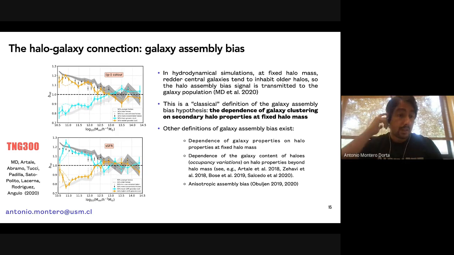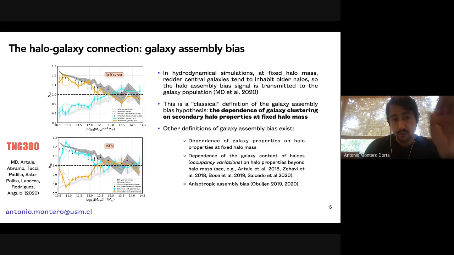What we show with TNG 300 in this other paper, this hydrodynamical simulation, is that at fixed halo mass, redder central galaxies tend to inhabit older halos. So the halo bias signal, as defined here, is transmitted to the galaxy population, right? That's what is shown there on the left-hand side.